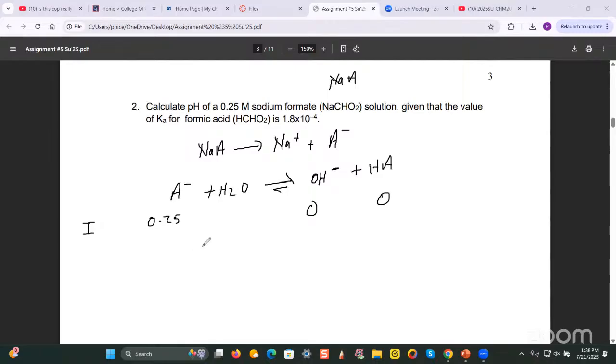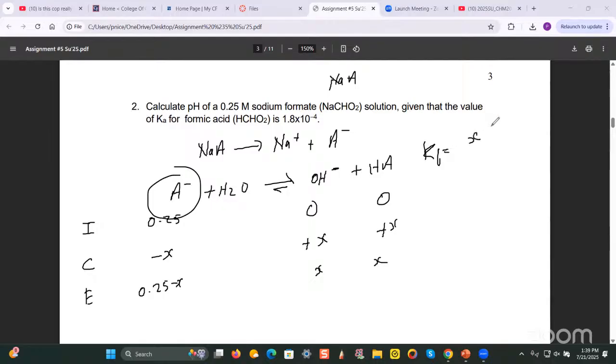You'll have none of that. The change here would be minus X, plus X, plus X. So that at equilibrium, you're going to have 0.25 minus X. Here you're going to have X, here you're going to have X. So Kb, because this is acting as a base now, we have to write down the Kb expression, which is equal to X squared over 0.25 minus X, right?